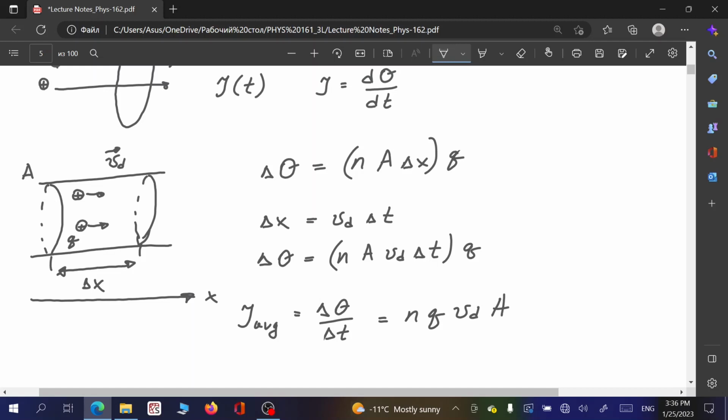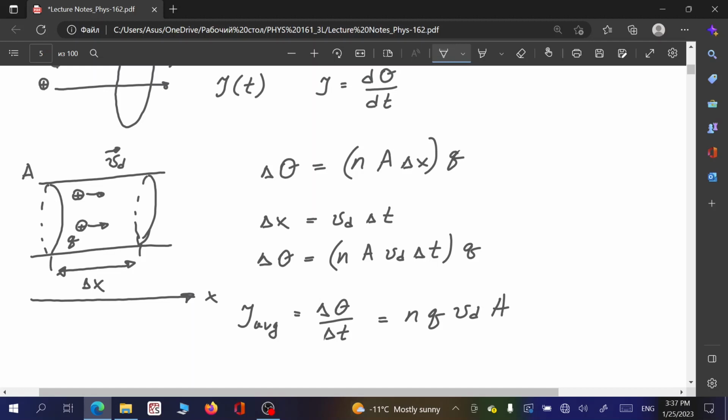So there are several parameters which define electric current. This is the density of electric charges, like mobile electric charges, which can participate in charge transport once we create an internal electric field inside the conductor. The magnitude of electric charge, of a single electric charge which is mobile. The drift velocity.